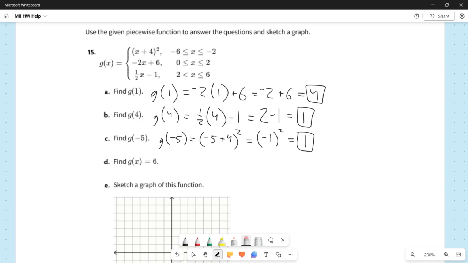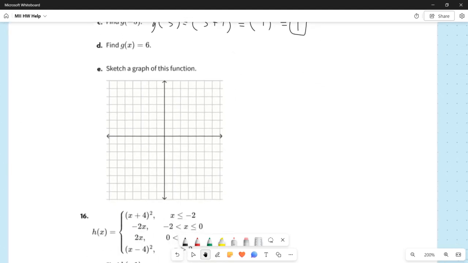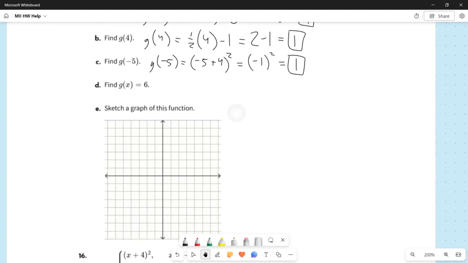We're actually going to pause on D and come back to it, because 15E says sketch a graph of this function, and I think once we see a graph of what's going on here, it will help make the solution for D make a little bit more sense. To be clear, we don't have to graph this in order to solve D. If D was the last part of this question, if E wasn't here, we could solve D right now.